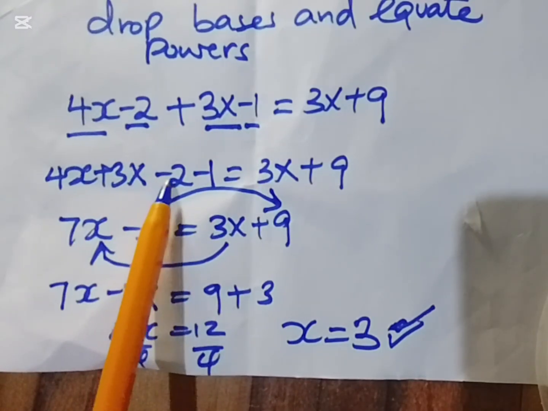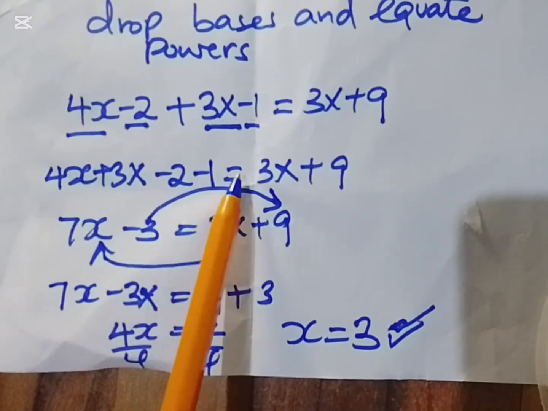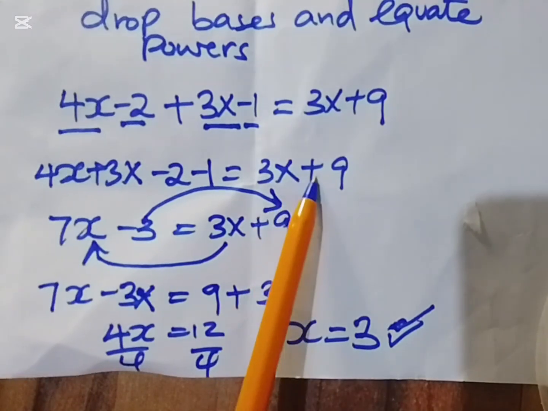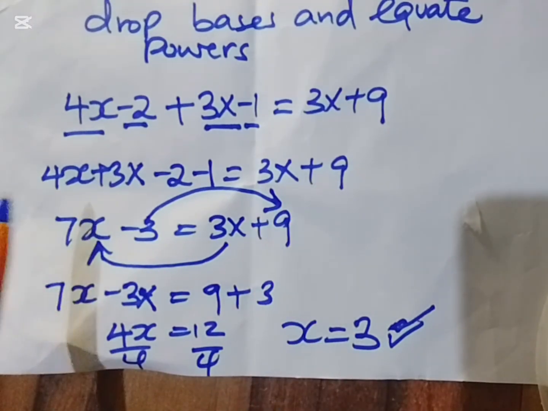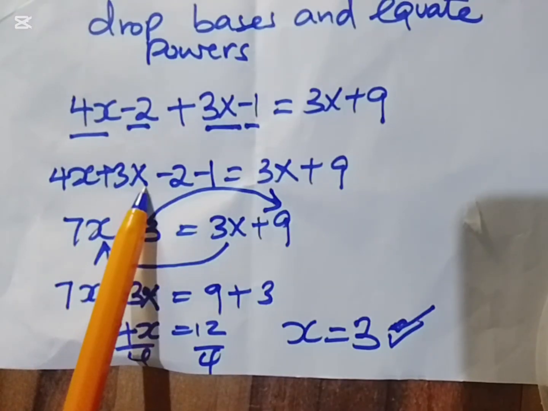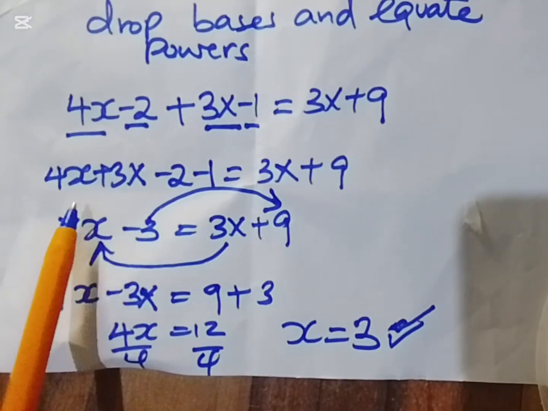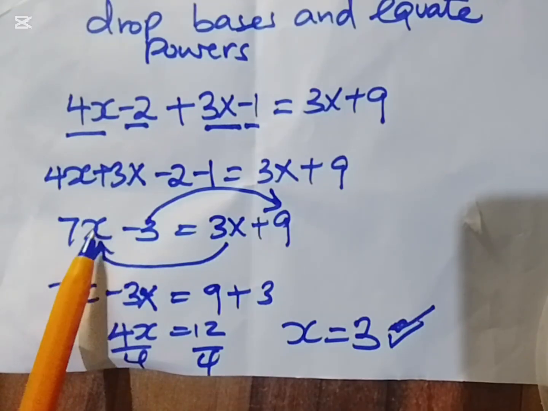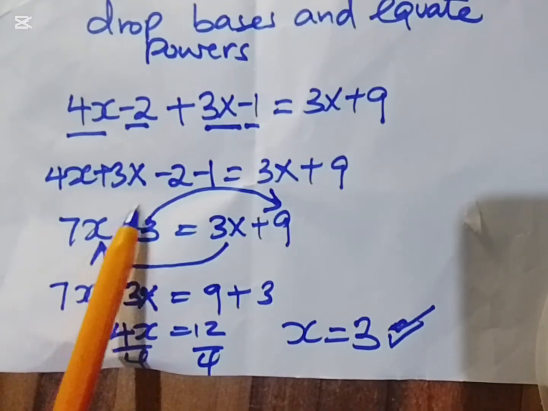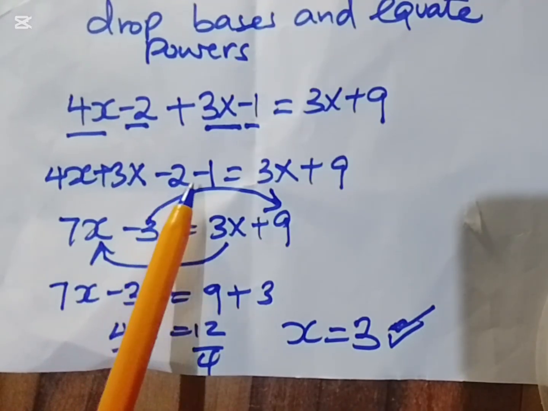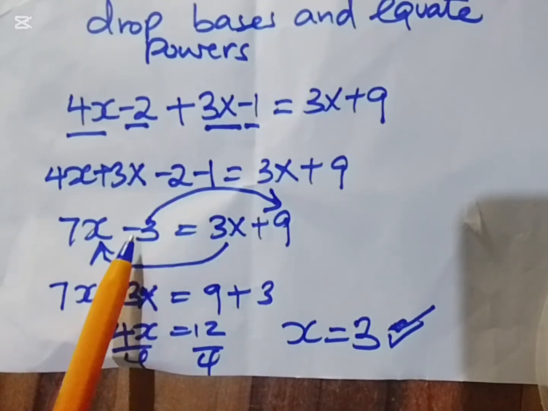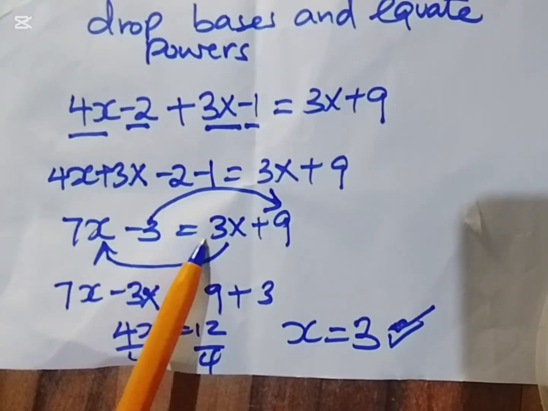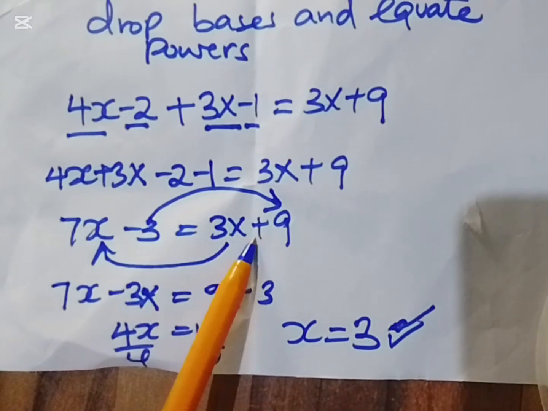So we add these two to have 7x. Then minus 2 minus 1 gives you minus 3, which is equal to 3x plus 9.